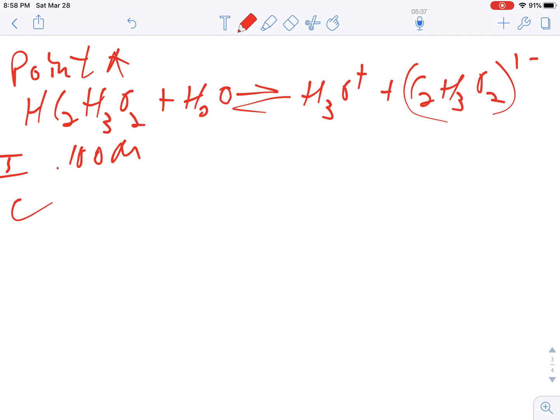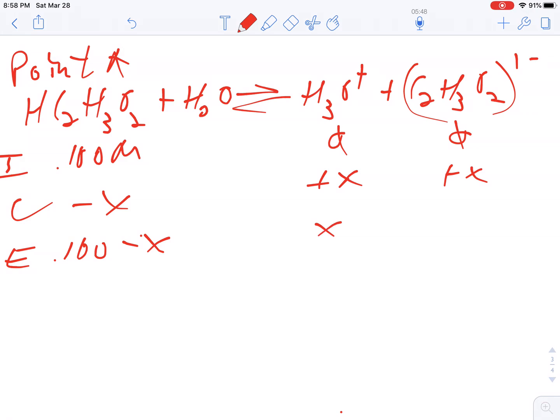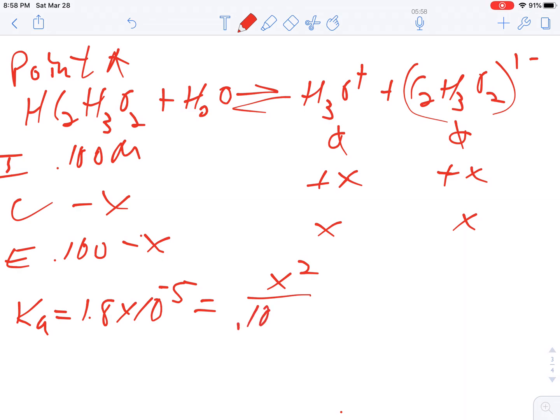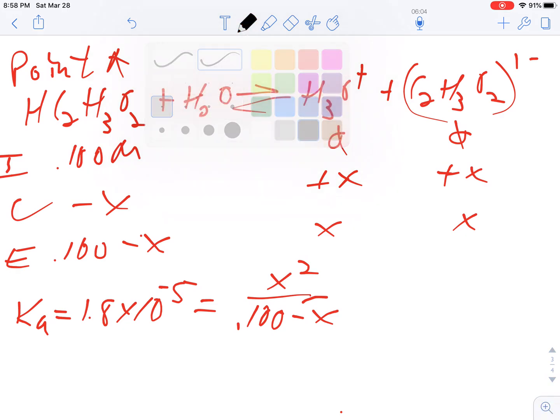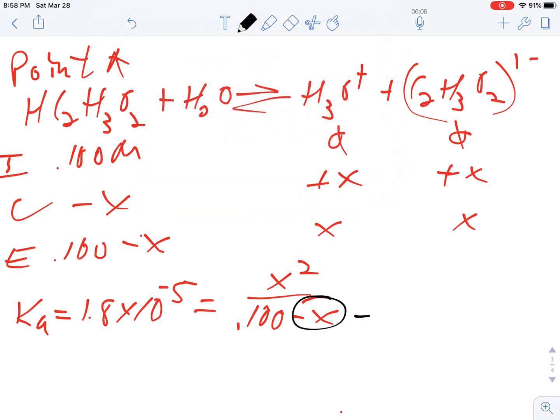ICE tables are always in molarity. 0 of this, 0 of this, plus, 0.1 minus x, x, and x. And then we look up the Ka of acetic acid, which is 1.8 times 10 to the negative fifth. And that's what we have. This x is too small.